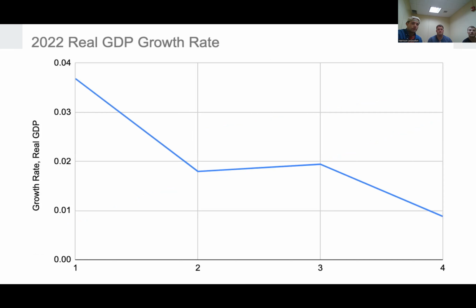This figure is the real GDP growth rate, and this was calculated by taking the initial minus the recent and then dividing it by the initial.